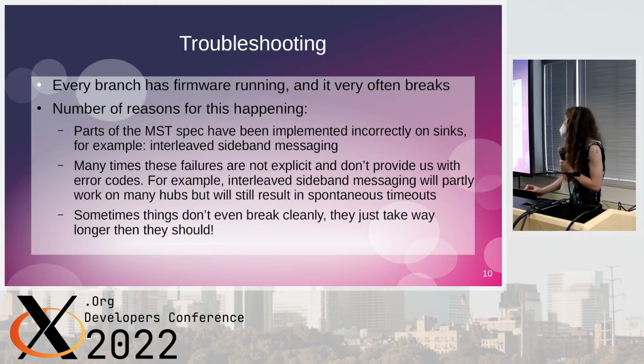That was a fun one to figure out, because what would happen is it would seem like it was working from the start and all messages would be going through, but then you would get random garbage interrupts. Like you would look at the ESI, see you've gotten an interrupt because you're supposed to get a message, but then there's nothing actually there. And as it turns out, we just had to stop doing interleaved messages entirely because it just wasn't handled correctly on most devices.